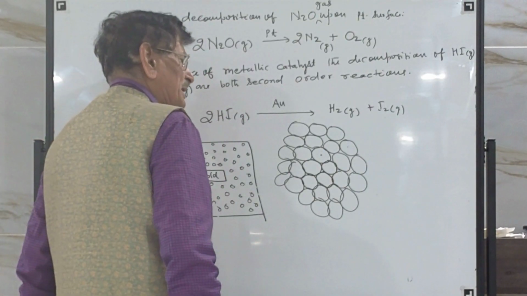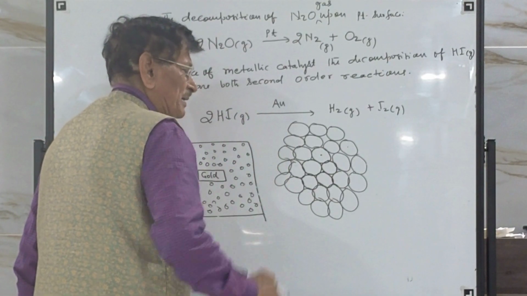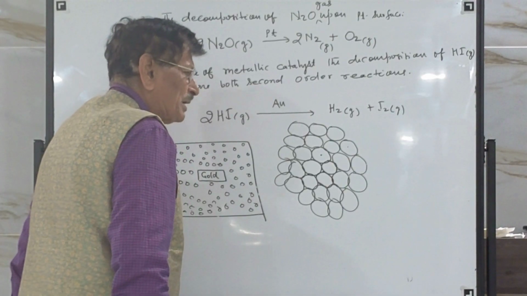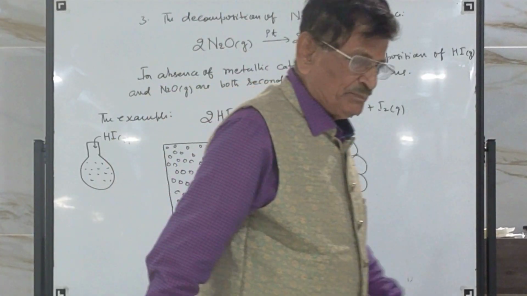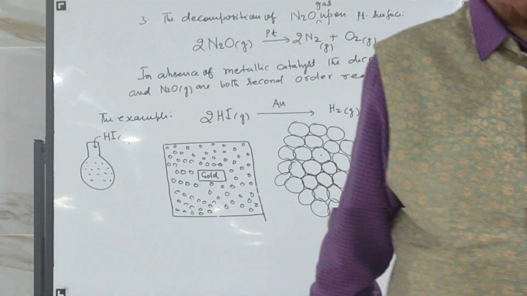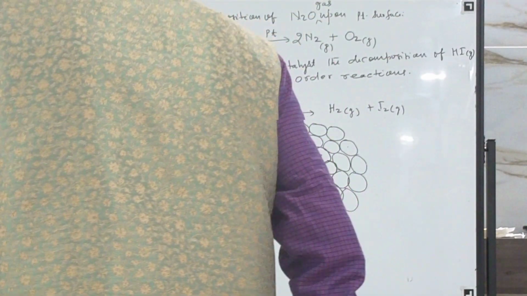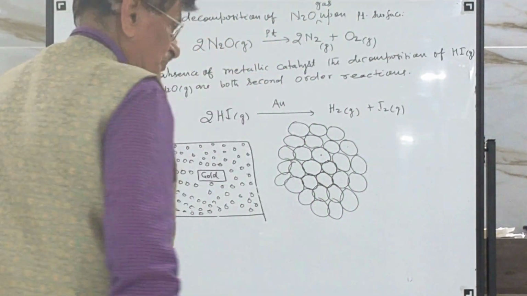So what I mean to say is that the atoms present on the surface of the metal are not completely saturated. Whereas in the interior of the solid, each metal atom is surrounded by six atoms.